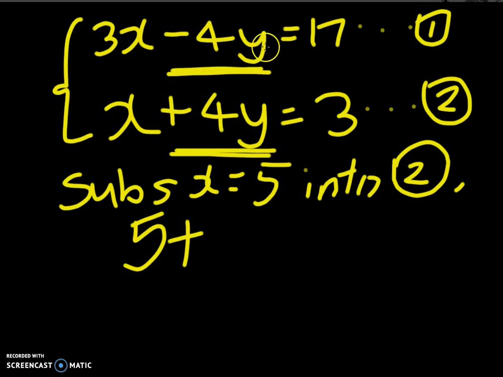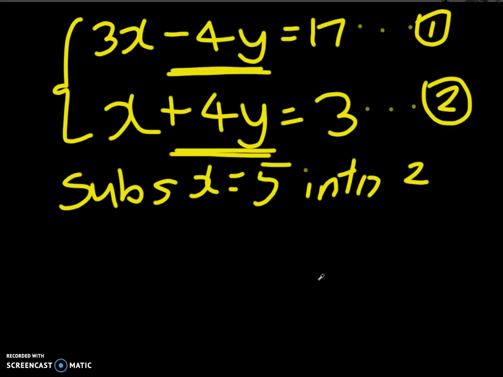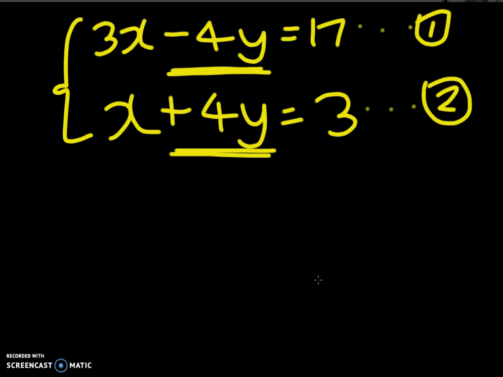There we go. So we have to get this answer or this answer when we substitute. So remember, x equals 5, y equals negative 1 over 2, and I'll show you whether that's correct. Substitute inside equation 2 to check our answer.